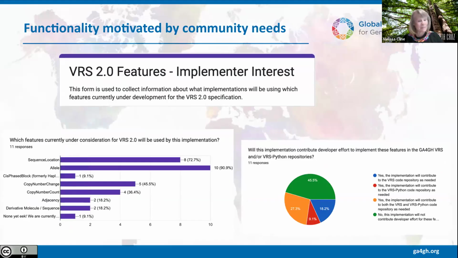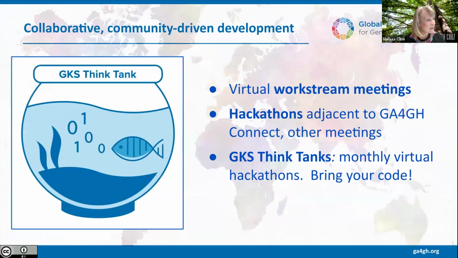For example, for developing VRS 2.0, we surveyed the implementers, which actually means you, the people or organizations who will be using the standards, and assessed what functionality they find most valuable, and that is what drove our product development milestones.